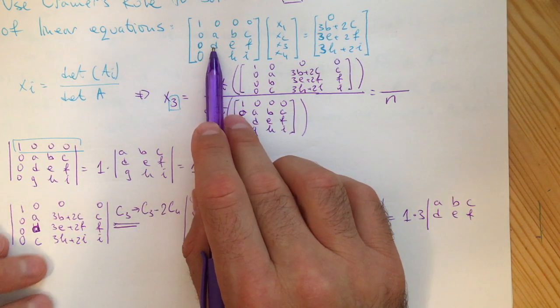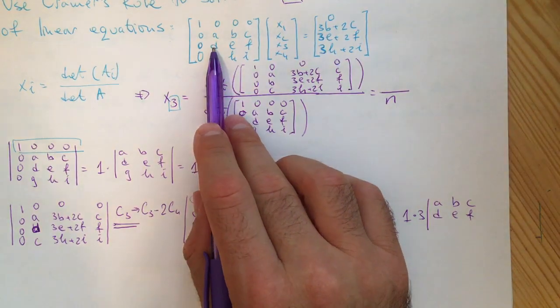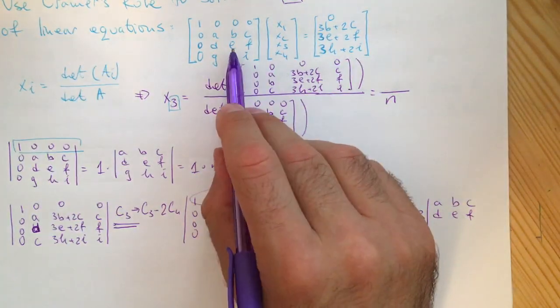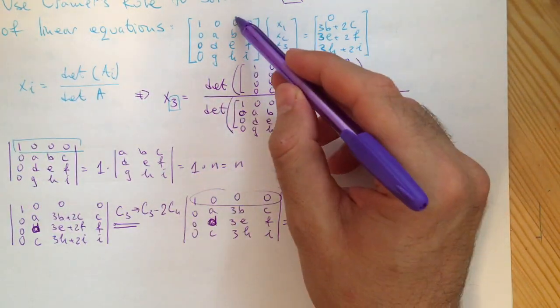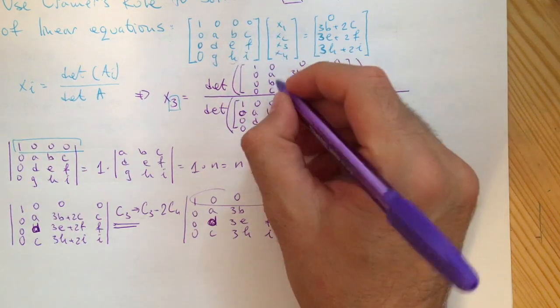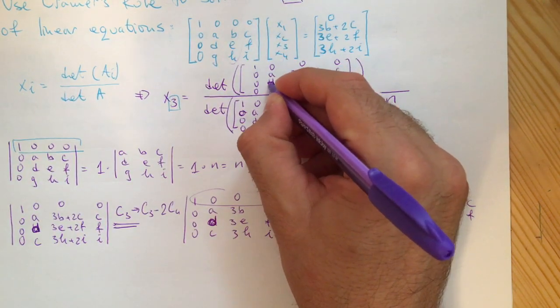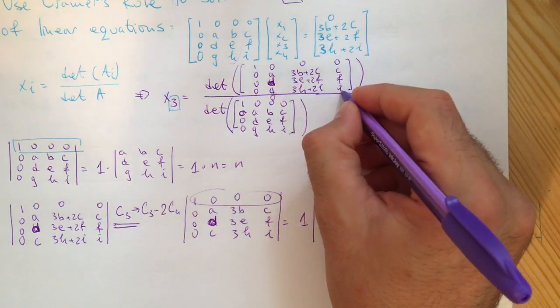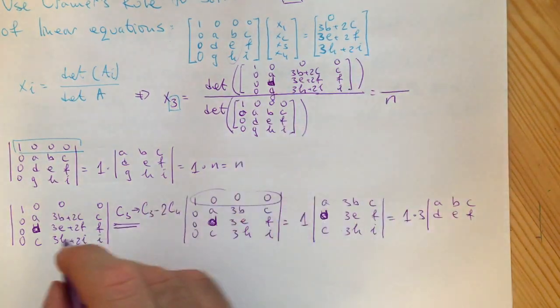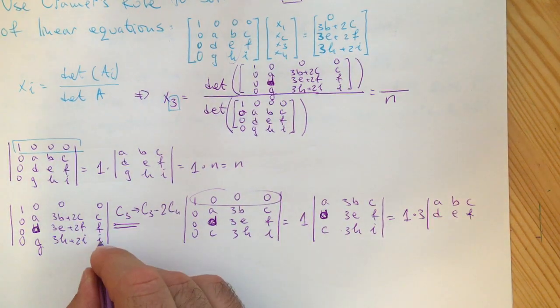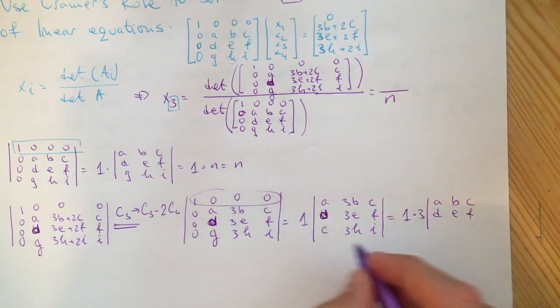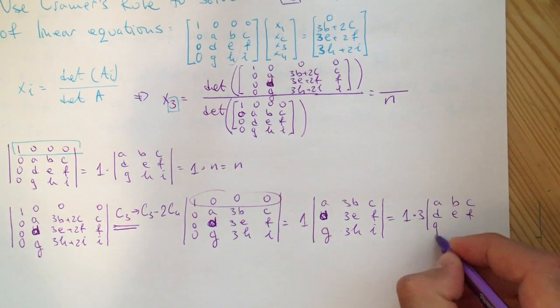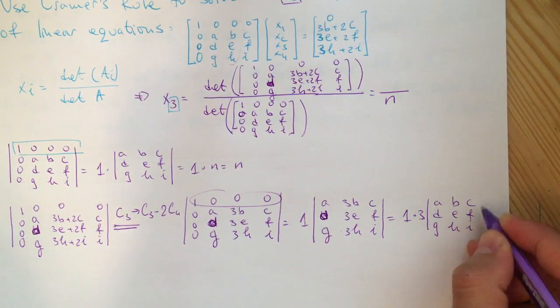I copied this wrong, so I'm substituting this column, so this is D, and this is G, and this is I. So this is G, and this is I, G, H, I, sorry about that.